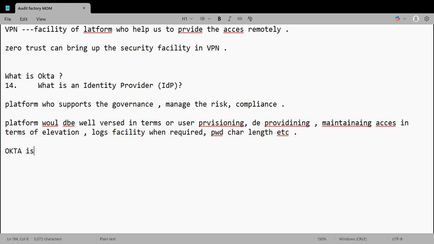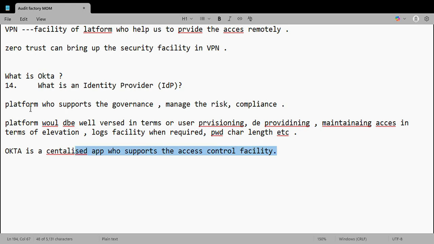Okta is a centralized application which supports access control facilities. So it is a centralized app where these facilities come under Okta.